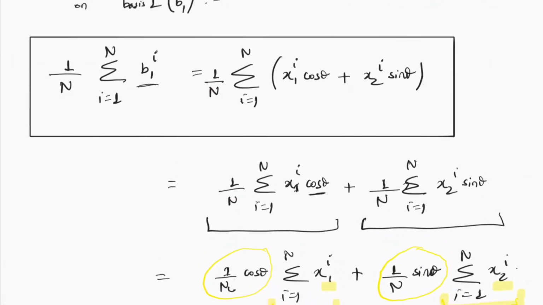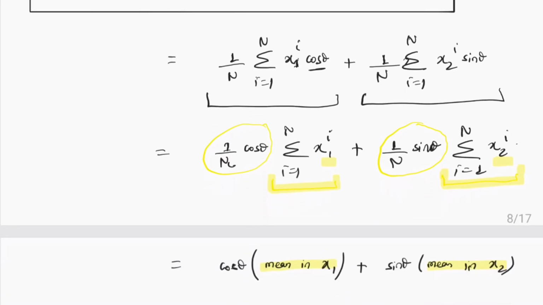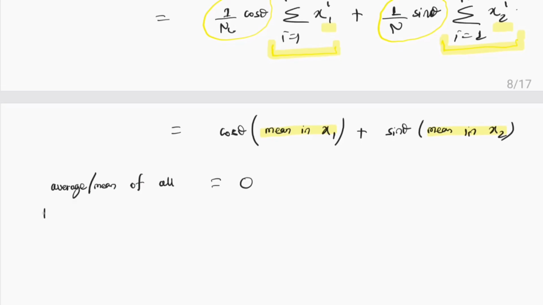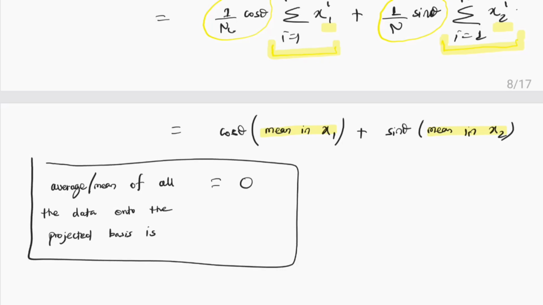So what we got is that the average or mean of all the data onto the projected basis is 0. So this is our finding.